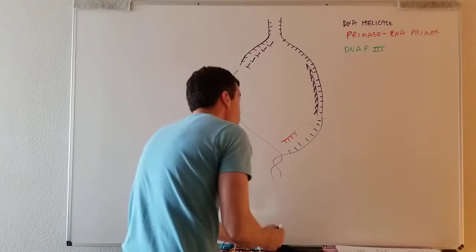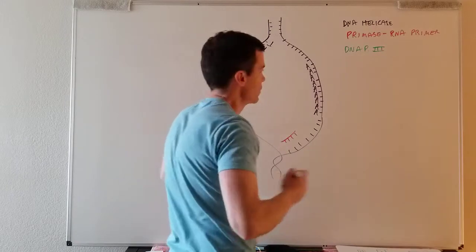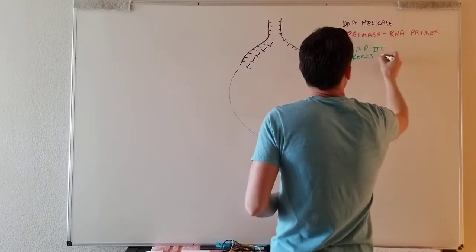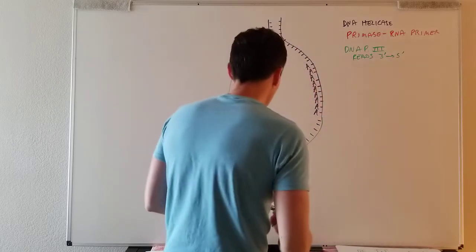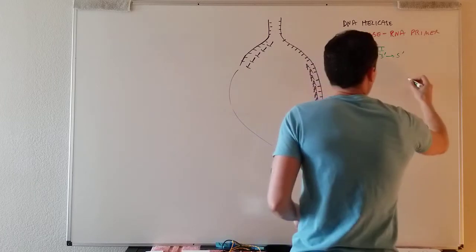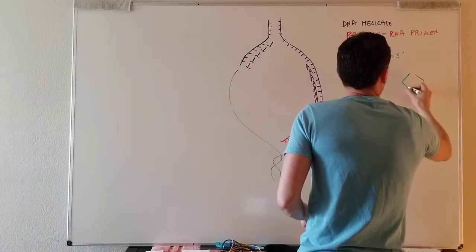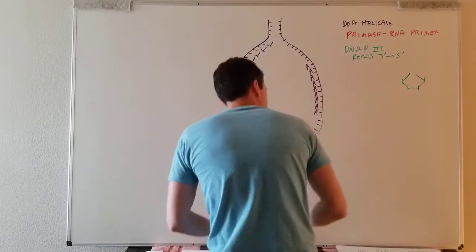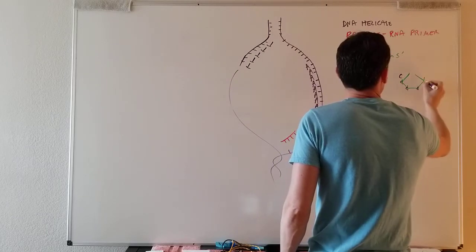Okay, so with DNA polymerase 3, here's the third one discovered. It turns out that it reads in the 3' to 5' direction. So back over here, when we were looking at our deoxyribose sugar, we had a carbon up here, here, here, here, and here.